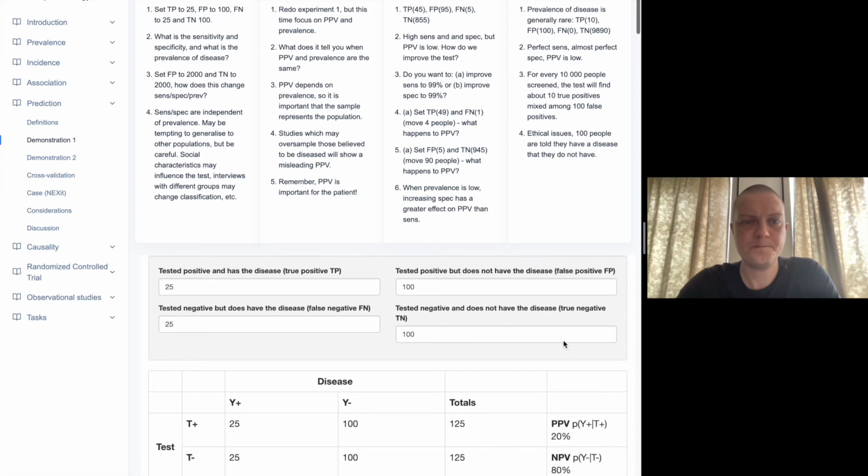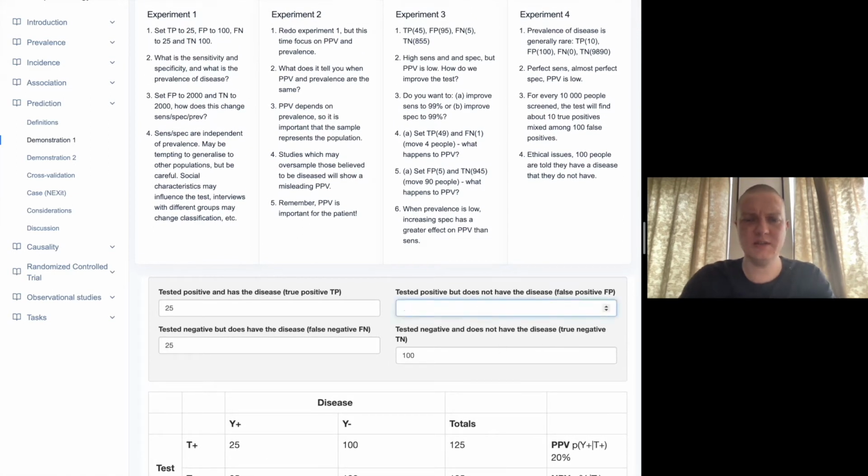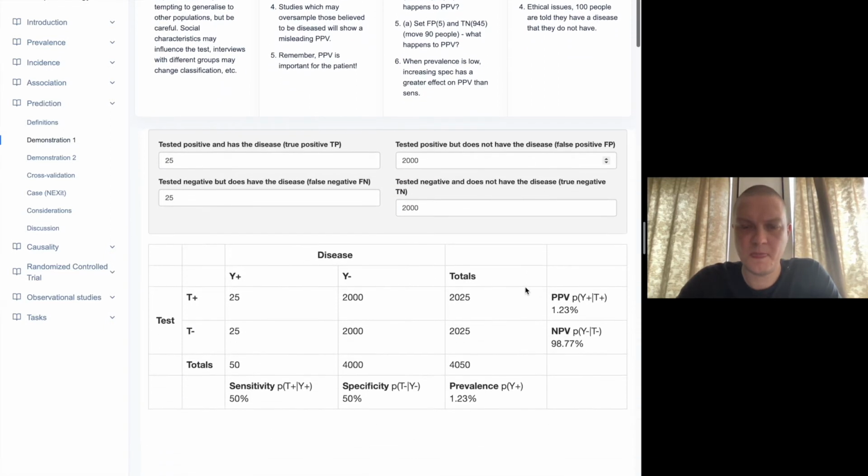Now we're going to change this to 2000 and this to 2000. What happens now? The prevalence goes down again, just like in experiment 1. But this time, positive predictive value also goes down.